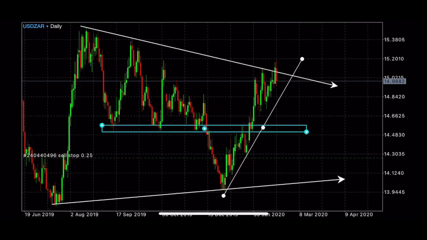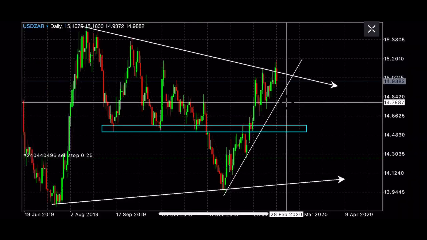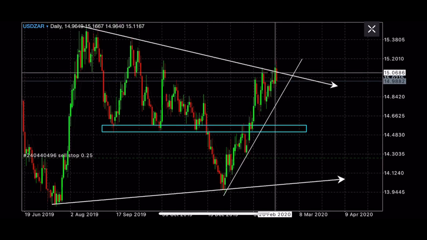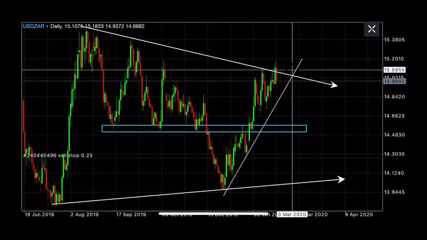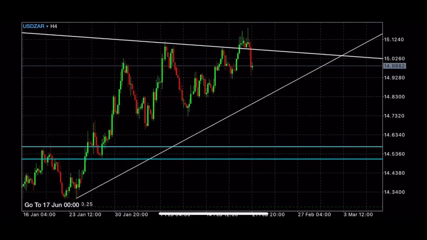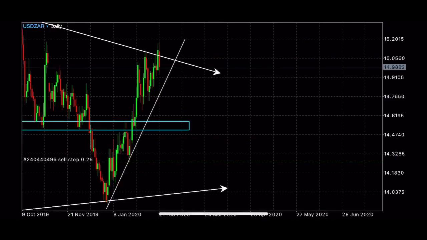As soon as a candlestick closes on the other side, just below this reversal line, that's when you enter. But for the professional traders out there, you already know a rejection when you see it. So you might as well just go to the H4, wait for a lower high, and sell into strength, and that's it.